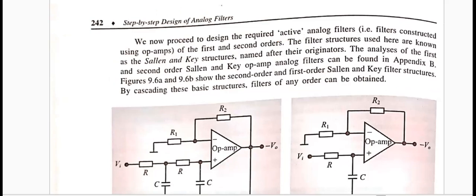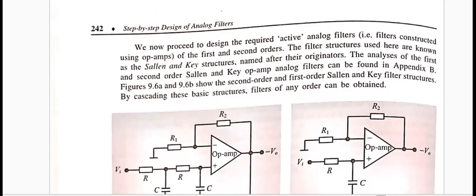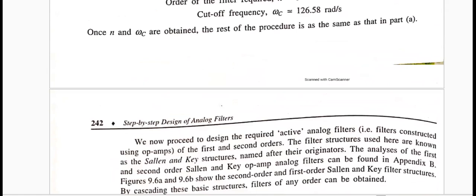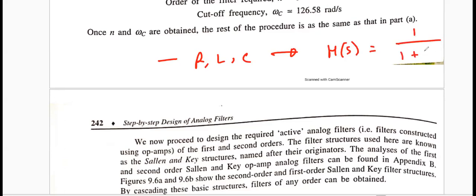We started with the conventional RLC filter, and we designed our expression as 1 divided by the square root of 1 plus omega divided by omega c, the whole to the power 2n.